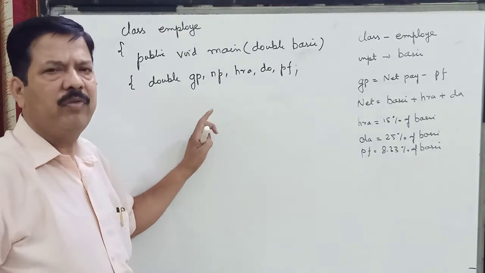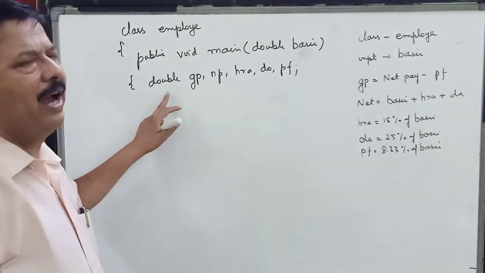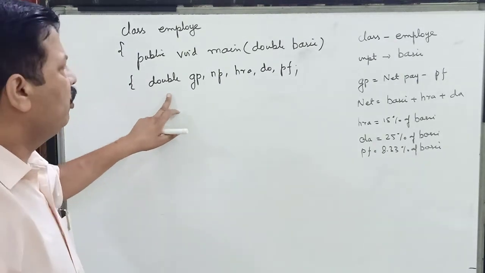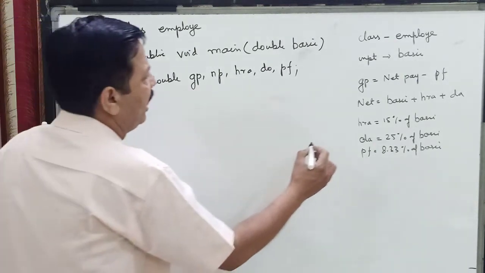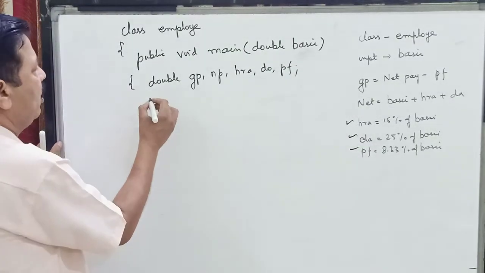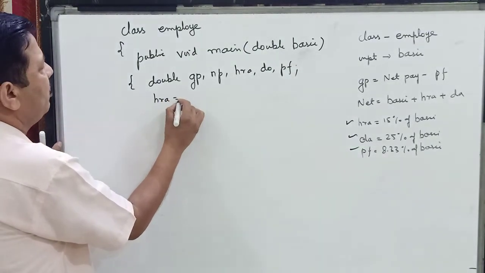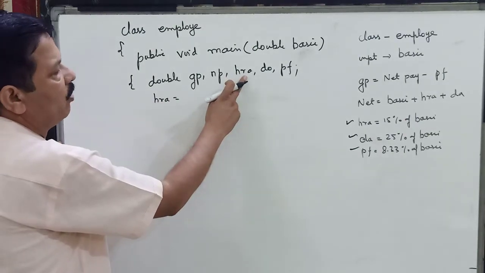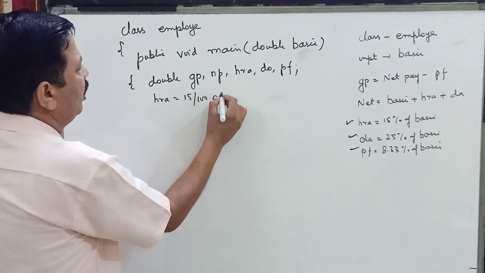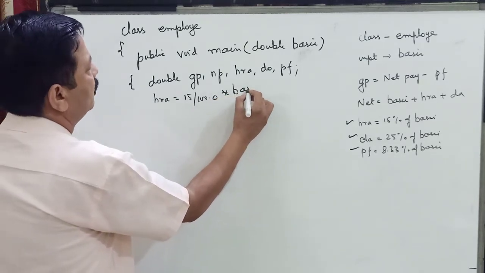And the benefit of doing it is that then I will not have to write again double and double for each variable. So children, first thing I am going to calculate will be these three values. Since they are direct on basics, so my HRA I don't have to declare because I have declared it over here, is 15%. 15% means 15 upon 100.0 of basic.